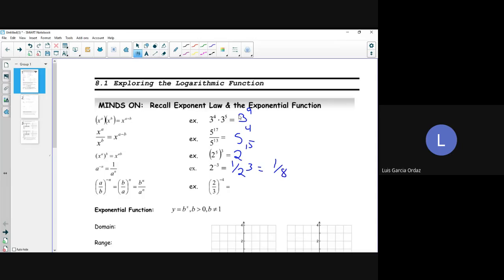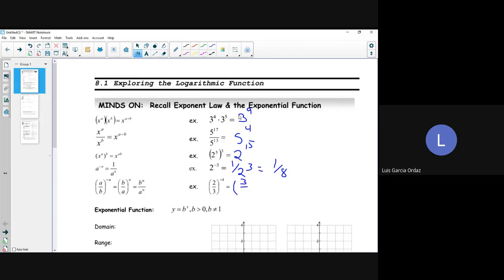And last but not least, we have a fraction to the power of a negative exponent. So all you're doing is flipping that fraction over, and the exponent turns positive. So we get a over b to the negative n is equal to b over a to the power of n. So we get b to the n over a to the n. So we have 2 over 3 to the power of negative 4. And we just have to flip the fractions over.